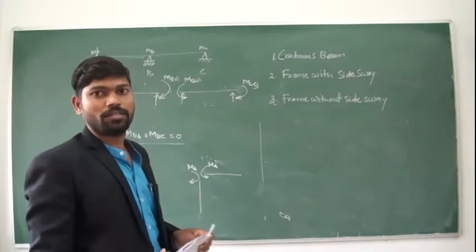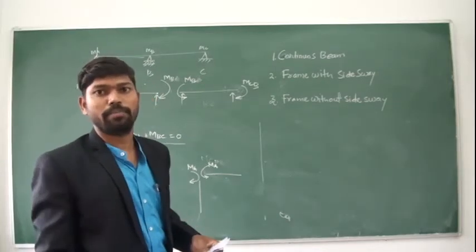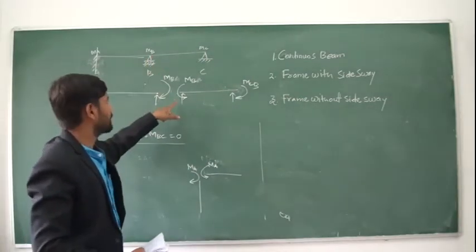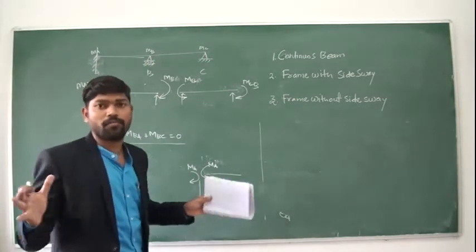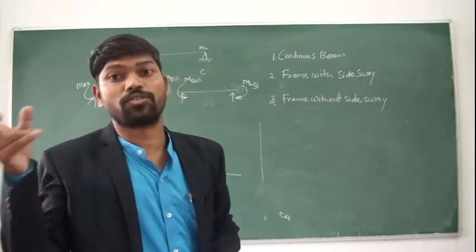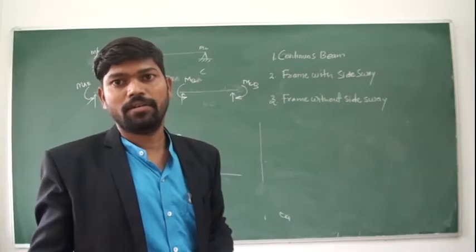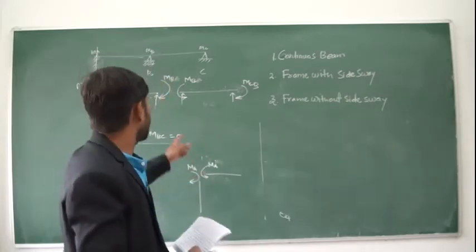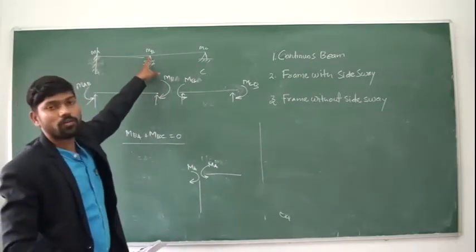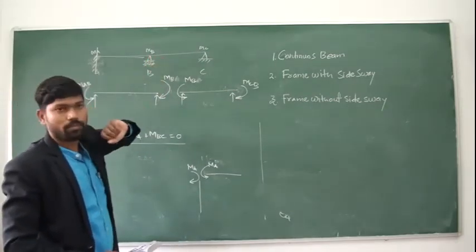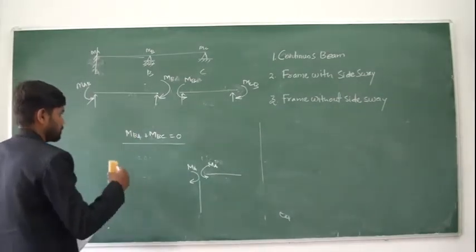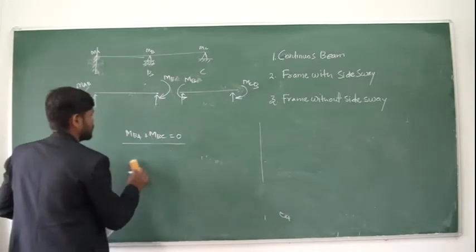So if you do the addition, that is clockwise MB plus anti-clockwise MB, it should be 0, because there is no external moment over here, that is internal force. And the addition of internal forces at any joint should be equal to 0, or equal to the external force if it is there. Okay? So this MB is the external reaction. If you do the addition, it should be equal to 0 because there is no external load. Okay. Now let us move further.